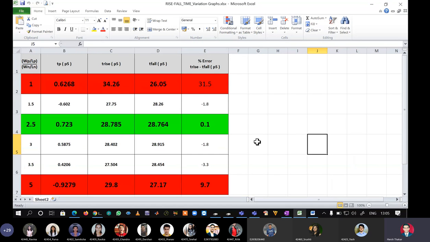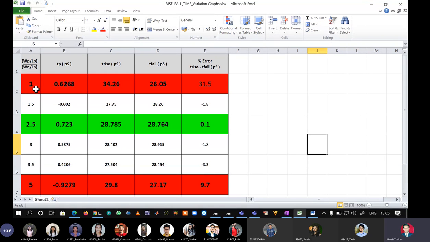So what I did is that I took different W by L ratios. The first column, column A, is the relative size of PMOS and NMOS. You see there it is WP by LP, which is the size of PMOS, and the denominator is WN by LN, that is the size of NMOS. So basically column A is P upon N. I kept P upon N equal to 1.